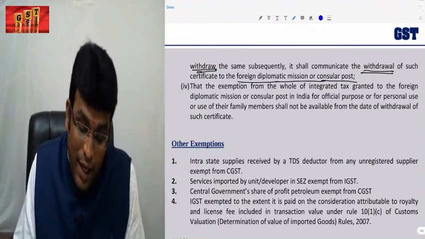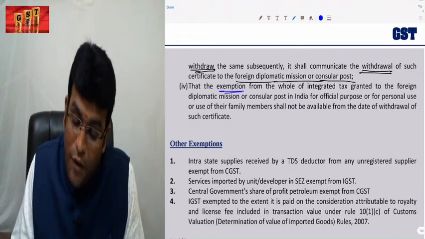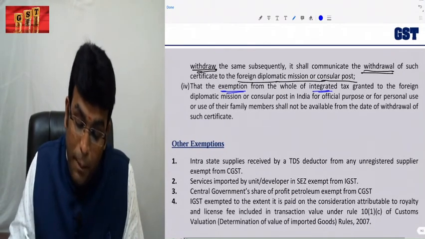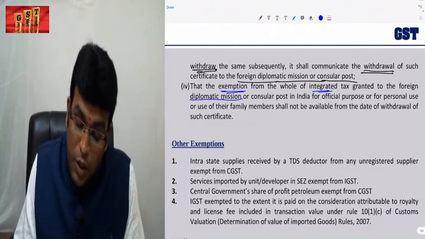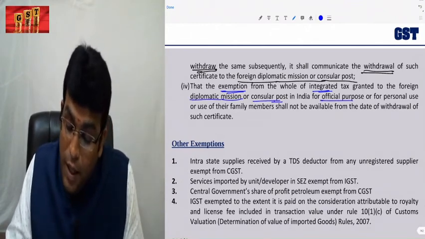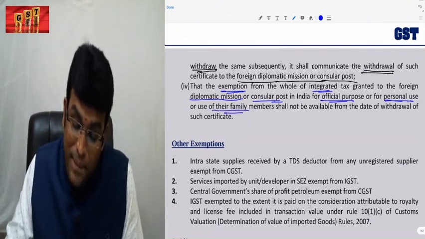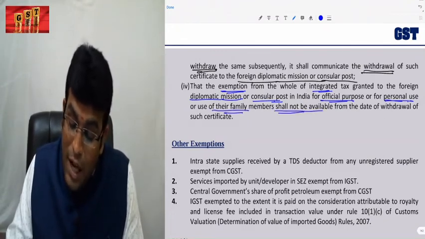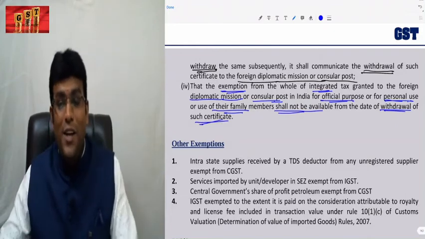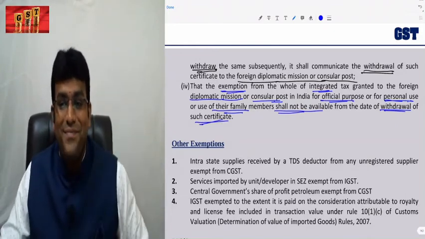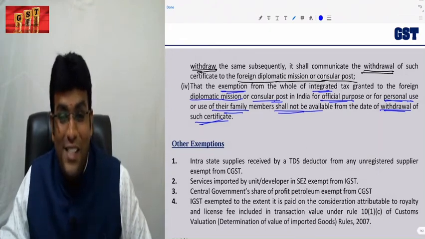Then, exemption from the whole of integrated tax granted to a foreign diplomatic mission or consular post in India for official purpose or for personal use of their family members shall not be available from the date of withdrawal. So if the certificate is withdrawn, then the exemption will not apply. Clear, friends? Done.